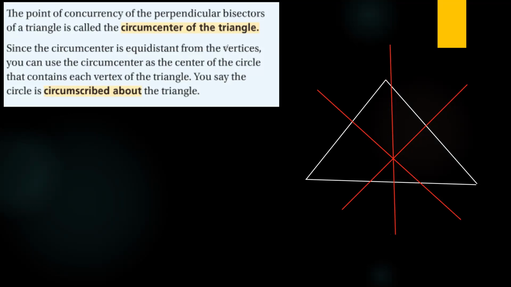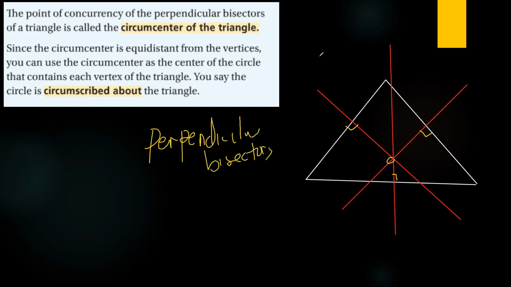As you see here, they are perpendicular on this side, perpendicular on this side, and perpendicular on this side. These are concurrent lines, but inside a triangle. This type of concurrent lines, we call perpendicular bisectors.